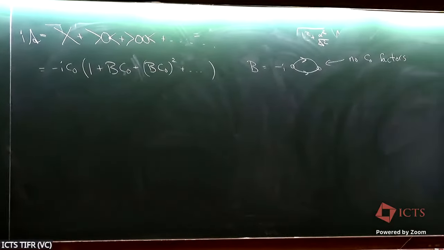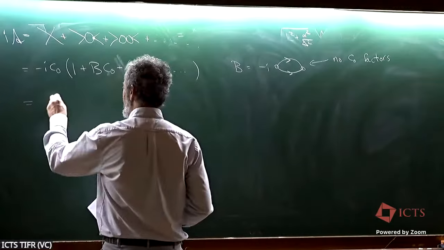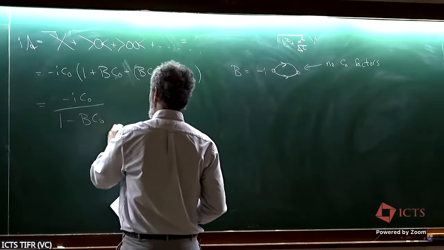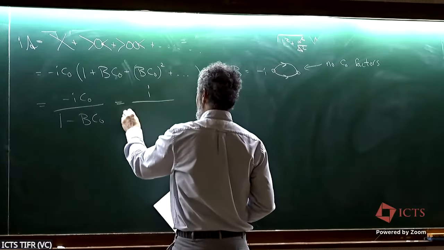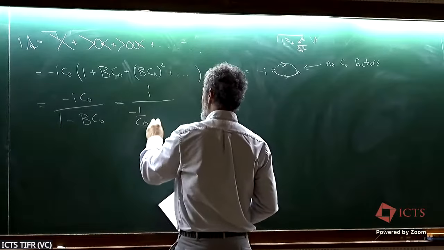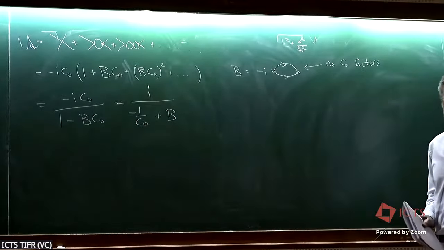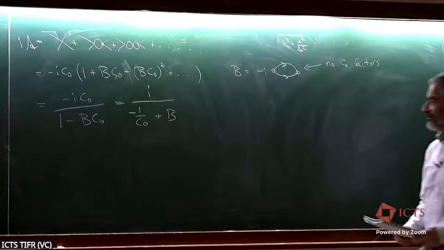And in this case, I can sum this all up, of course. I get that this is equal to minus i C naught over 1 minus B C naught, which is equal to, I'll write this as i times minus 1 over C naught plus B. And so if I want to calculate the scattering amplitude, all I have to do is a single one-loop diagram.